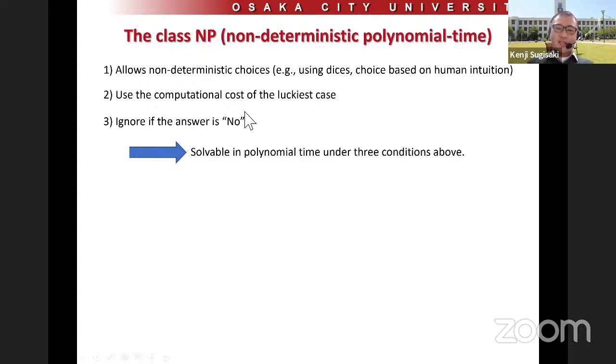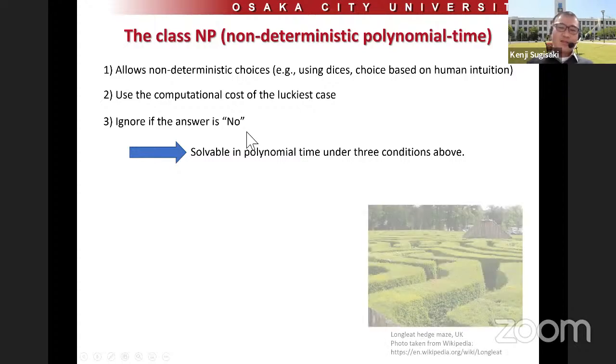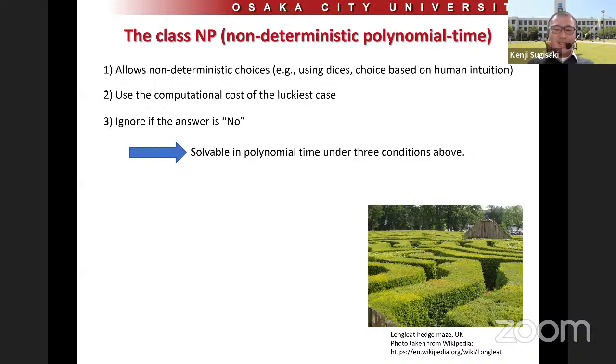This kind of problem can be easily understood by, for example, thinking about escaping a maze. Suppose you are here, coming from this way, and you can select left or right. So you can use dice or coin tossing to go right or left.